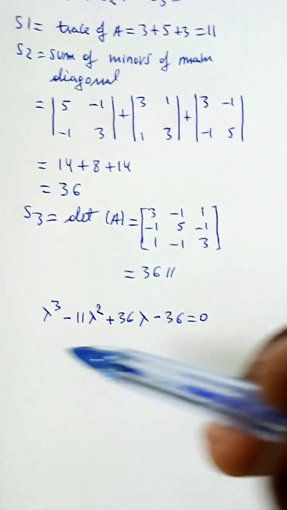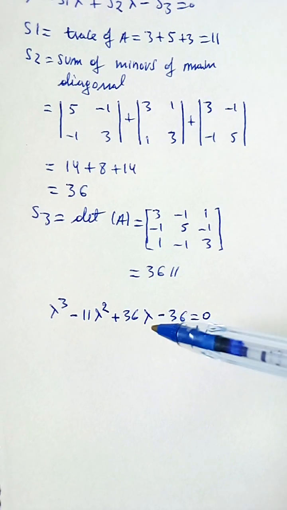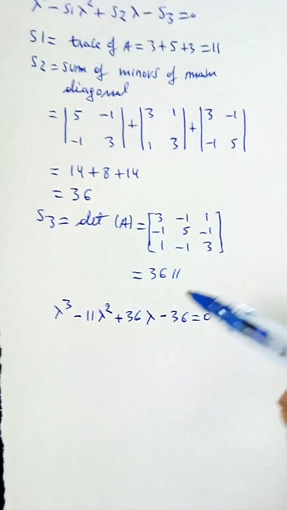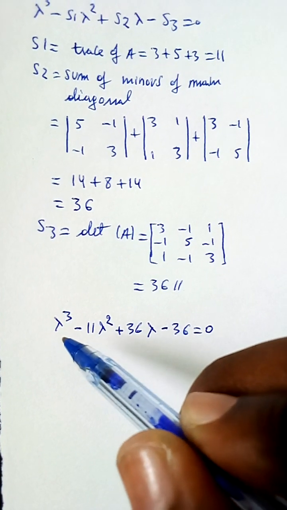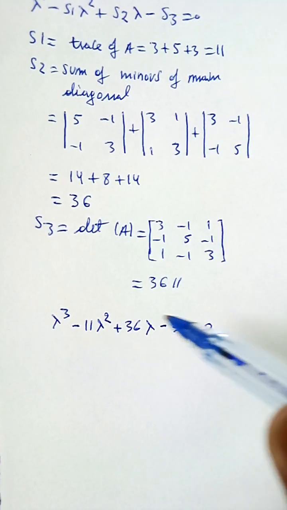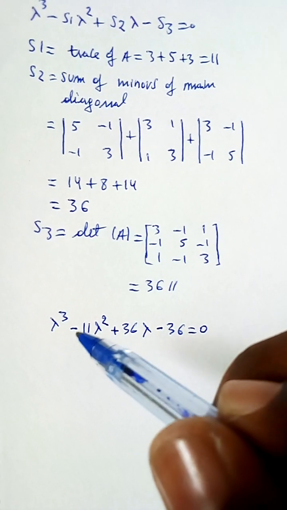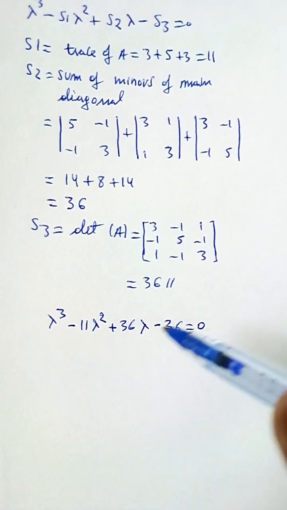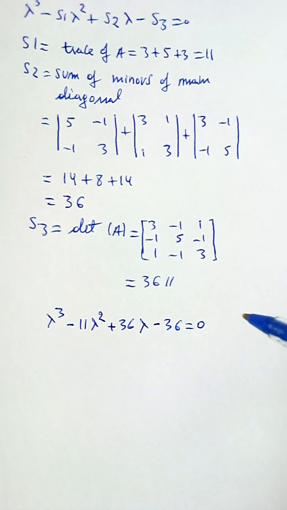So in order to solve this equation, first of all we are going to check. We have to start with 1: replace lambda by 1. You see in this equation we have lambda here, here and here. You replace lambda by 1 and then you make a small calculation to see if it gives you 0.